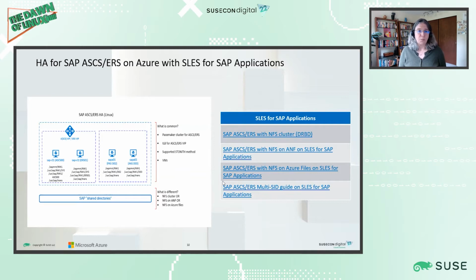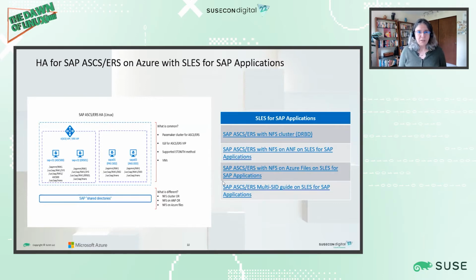You will need a supported STONITH method in your cluster, and there are two that are supported on SLES. You can either go with SBD or you can go with the Azure Fence Agent, and obviously you need to have a compute layer deployed, which means essentially your virtual machines to run SAP ASCS and ERS.